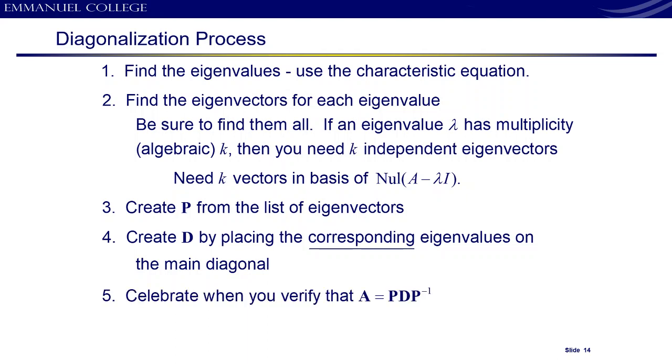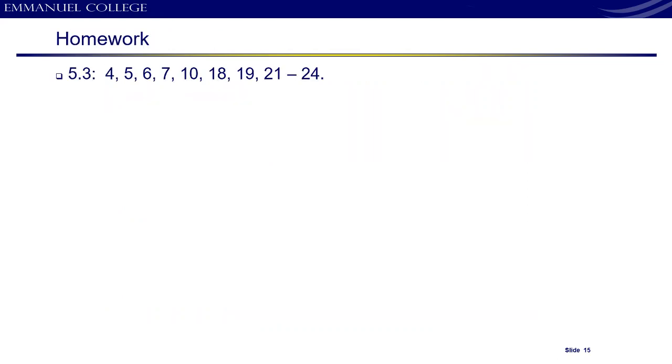And then celebrate when you verify that it all works, because it can be a lot of work. I'm not going to say much more because this is a long lecture, so that's diagonalization. Practice it. It's just going to be a matter of work hard and make sure. This is just going to reinforce a lot of the eigenvalues and eigenvector stuff that we've done previously.